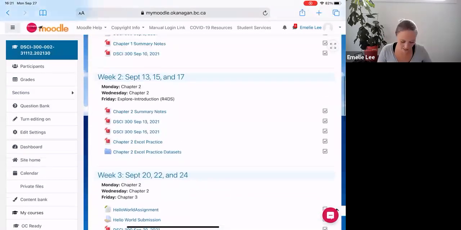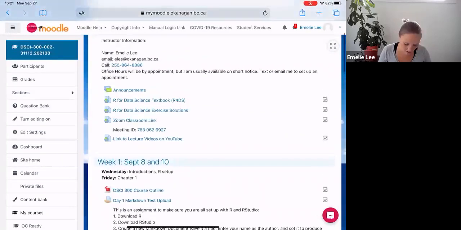And then what I've done is I just Googled it, but I also posted the R for Data Science exercise solutions. So they're not something that you're going to be handing in, but I do encourage you to work through those exercises, just to have an idea of what you can be doing. Okay.